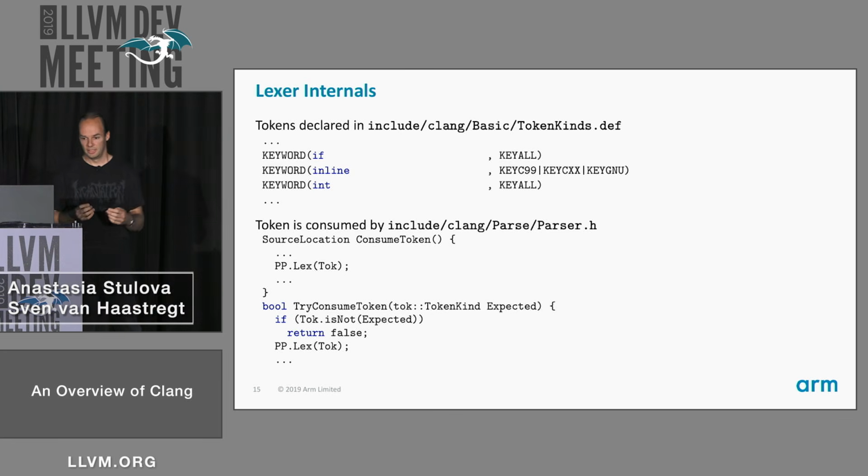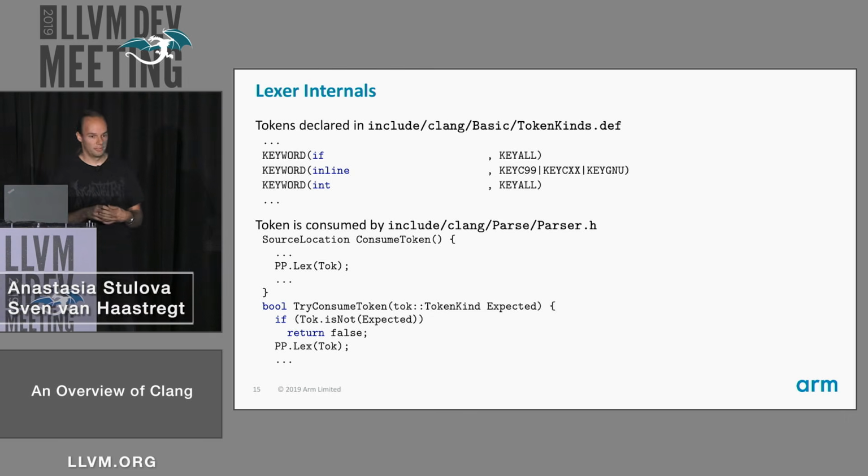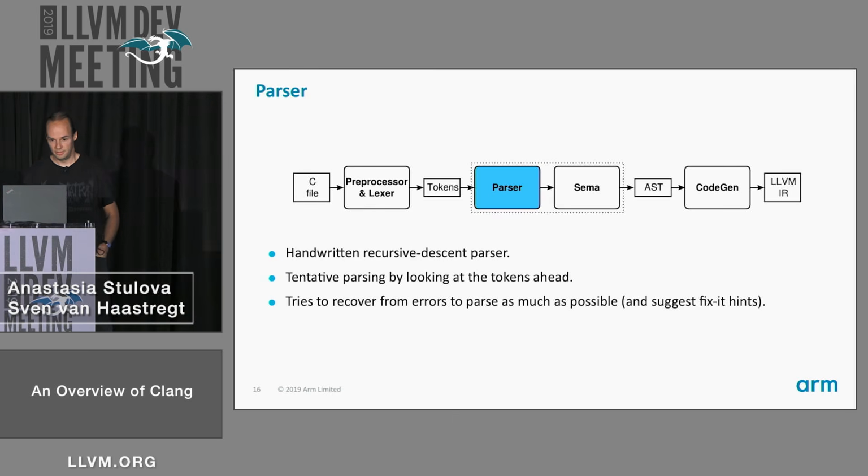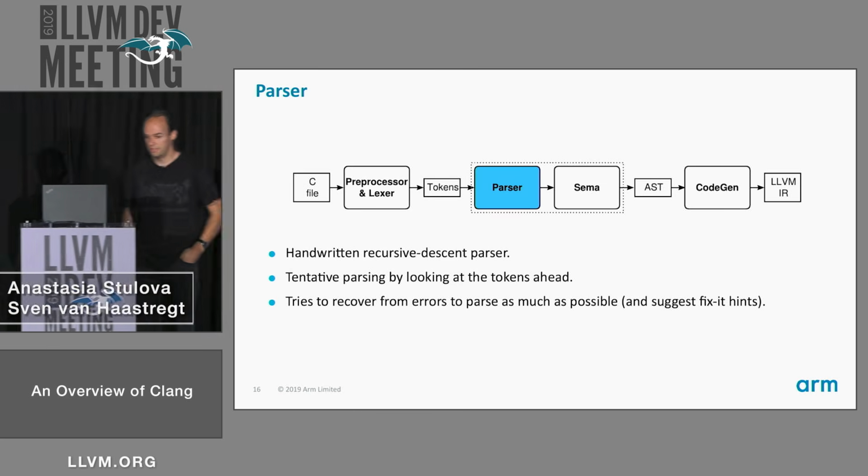Then there's also a function like TryConsumeToken, which will check if the current token is actually what you're expecting. If it's not, then you say, oh no, you can't consume this, maybe try to parse something else. And if it is, then you just consume the token. And that's the lexer. Now Anastasia is going to talk a bit about the parser.